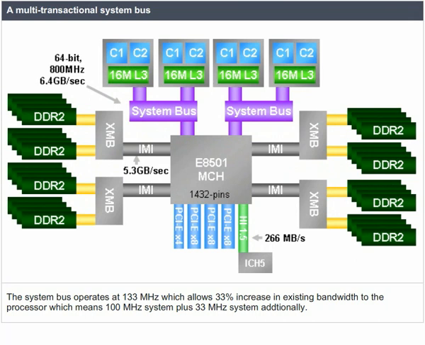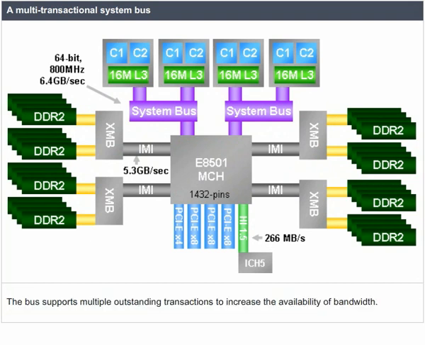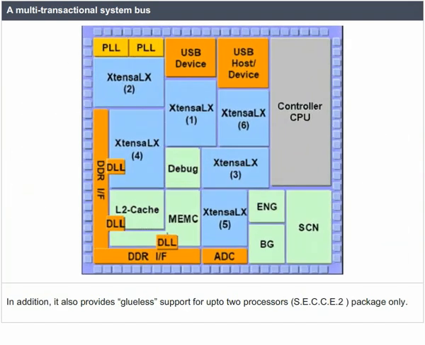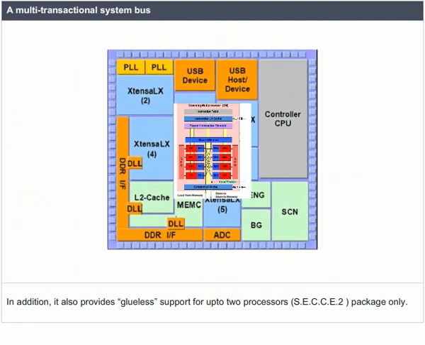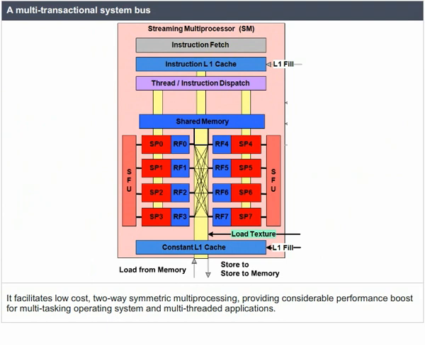The bus supports multiple outstanding transactions to increase the availability of bandwidth. In addition, it also provides glueless support for up to 2 processors, SECC2 package only. It facilitates low-cost, two-way symmetric multiprocessing, providing considerable performance boost for multitasking operating systems and multi-threaded applications.